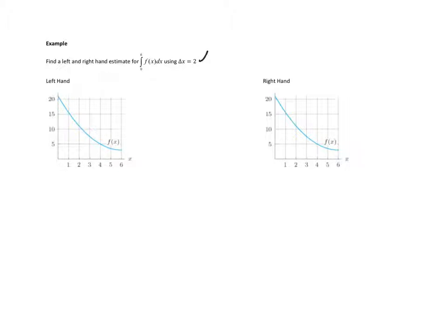In other words, this is the width of the rectangles, so we want each rectangle to be 2 wide. Let's look at how we're going to do this. We're going to do a left-hand sum first.